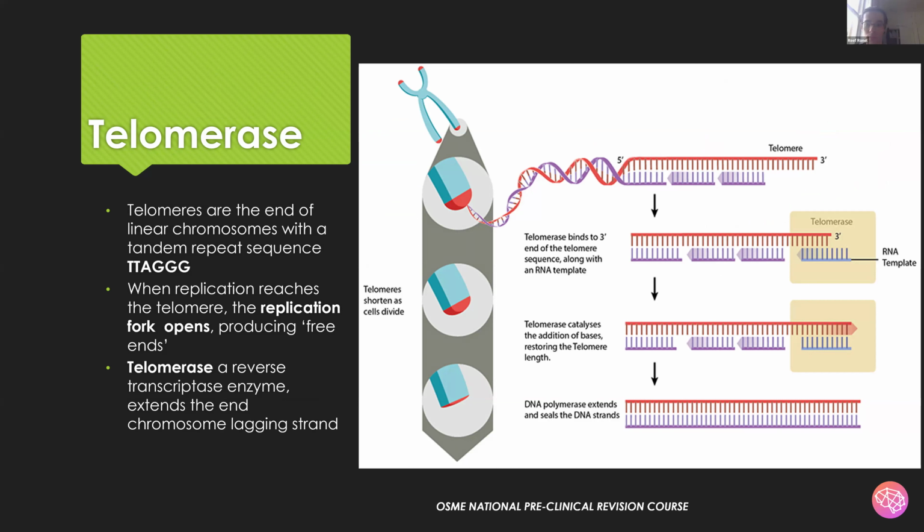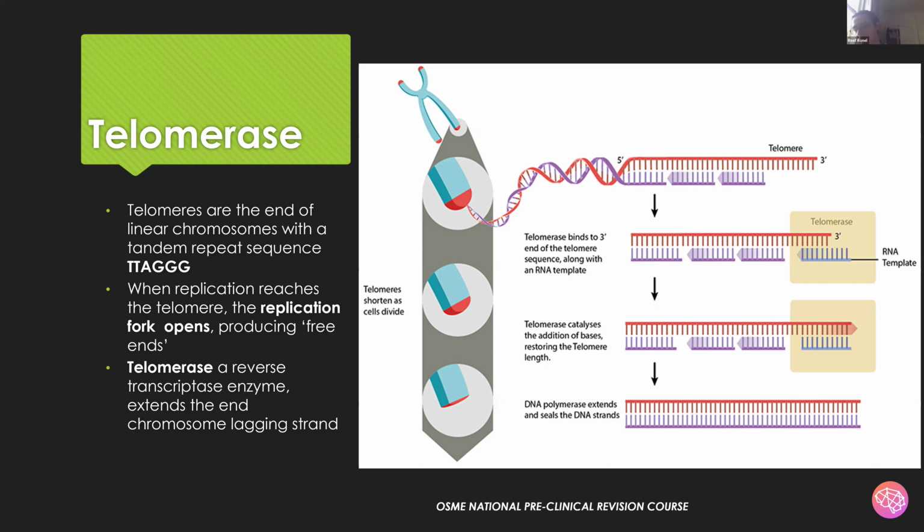But because of the Okazaki fragments, and I'll explain this a little bit more in detail in a second, we would have shortening of our chromosomes with each cycle, which would cause replicative senescence. And so we have telomeres that help protect the very ends of our chromosomes.